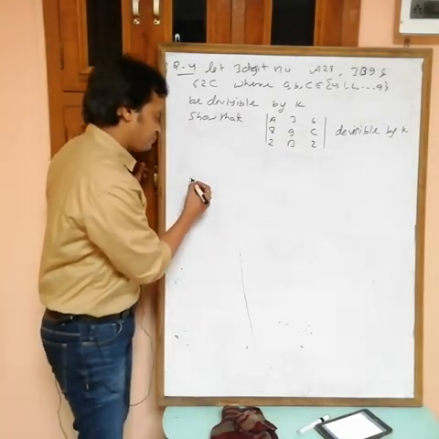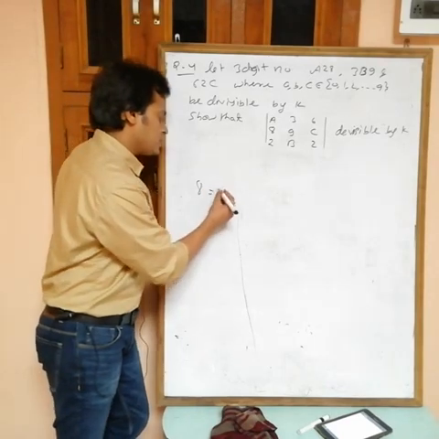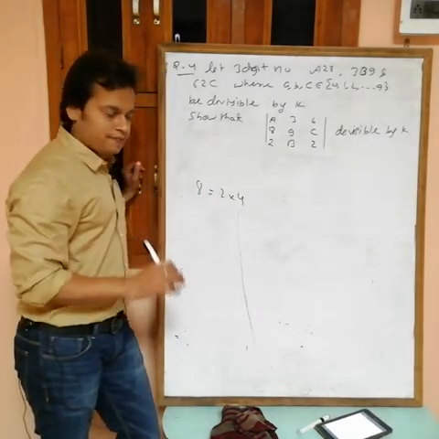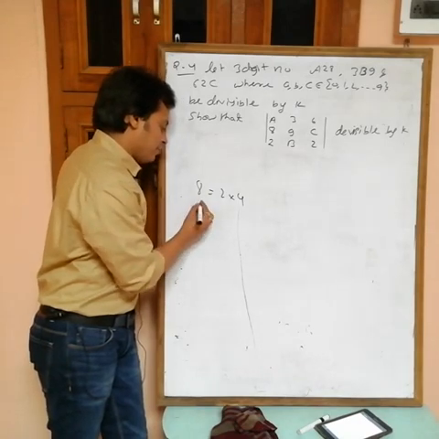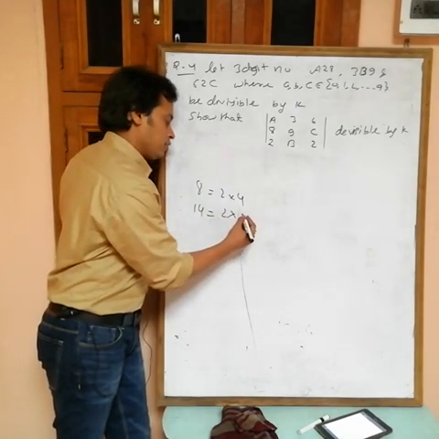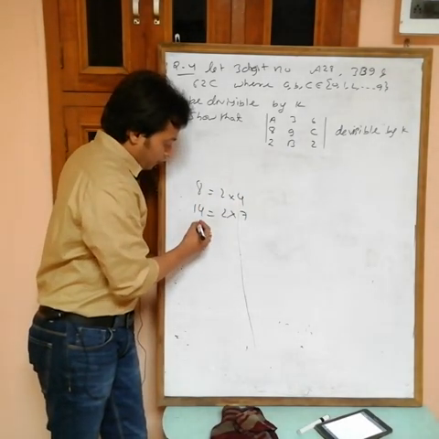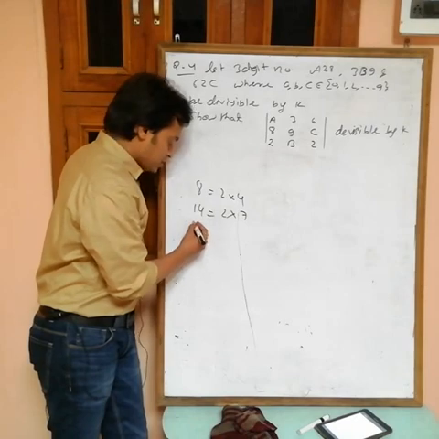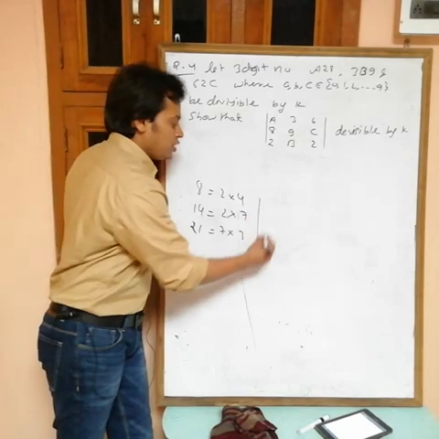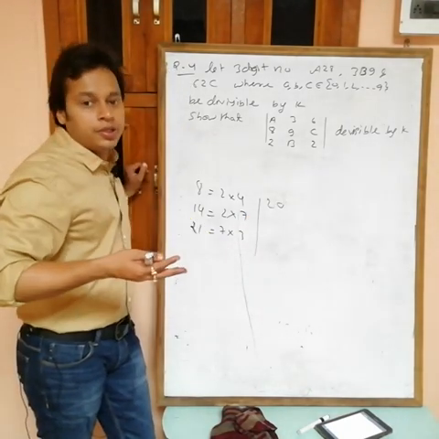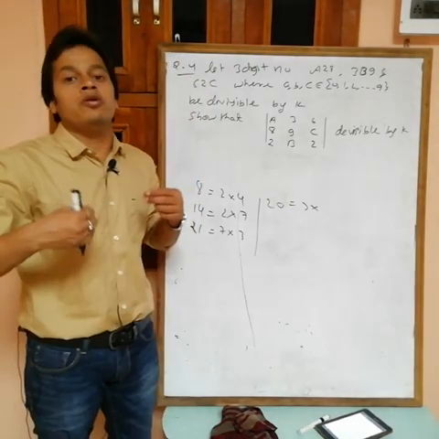Obviously, now see, 8 is divisible by 2, so you can write this one as 2 into any integer. 14 is divisible by 2, so obviously you can write this one as 2 into something. 21 is divisible by 7, so you can write this one as 7 into something. Now see, 20 is not divisible by 3, so you can't write this one as 3 into something, because this is not divisible by 3.